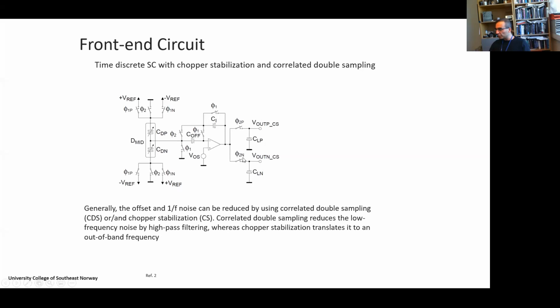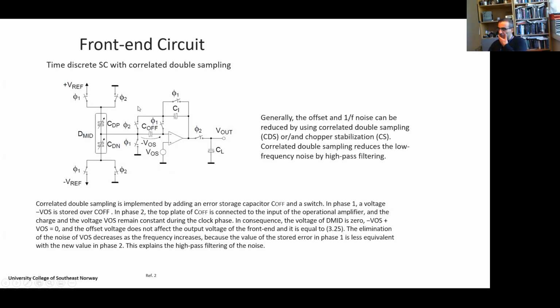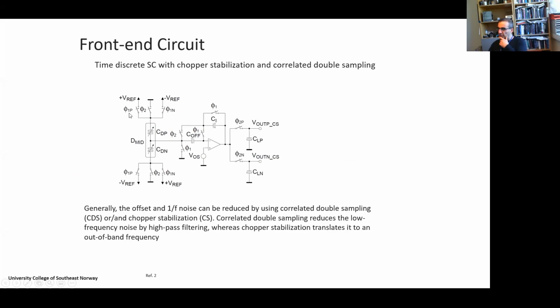Here we have only two clocks, Phi1 and Phi2. Here we have Phi1P, Phi2, Phi1N. So it's a more complicated implementation, which needs even more clocks, and the whole thing becomes more complicated. But sometimes that's the cost you have to pay for such a system.